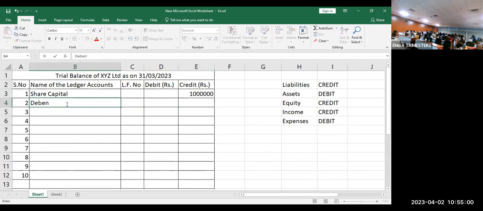Debentures 5 lakh rupees. Bank loan 3 lakh. Sundry creditors 2 lakhs.